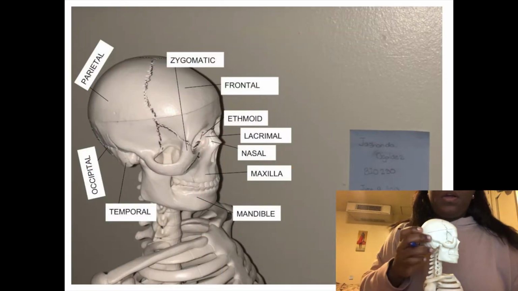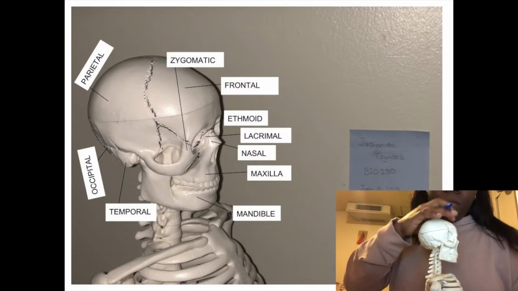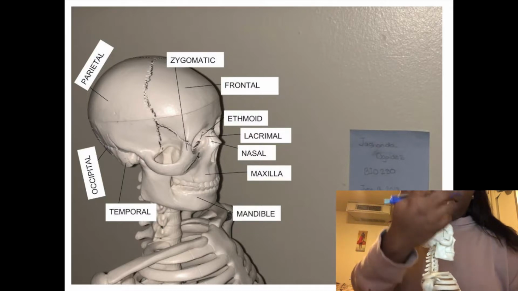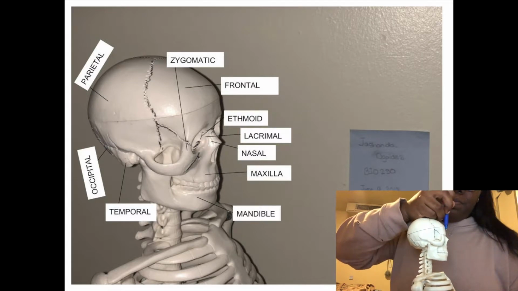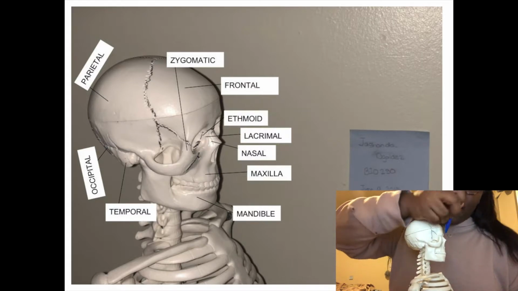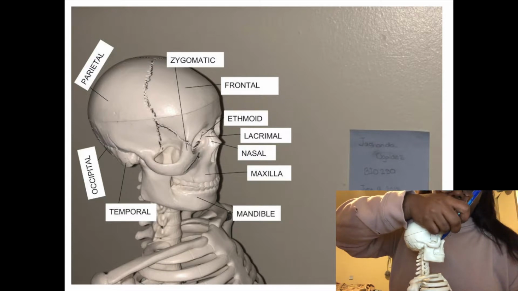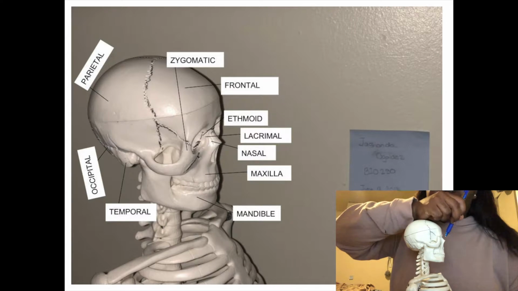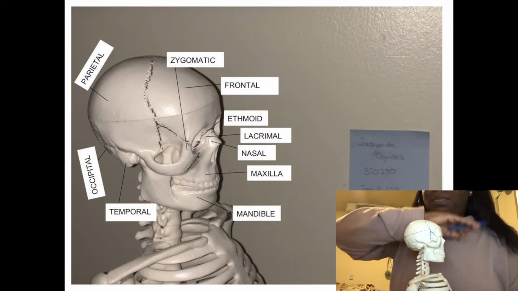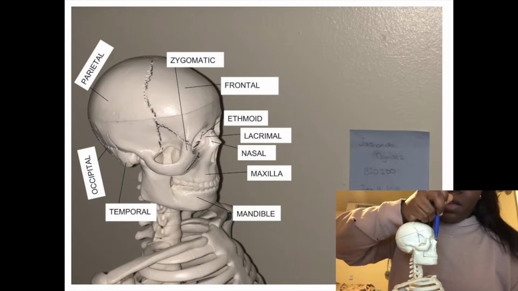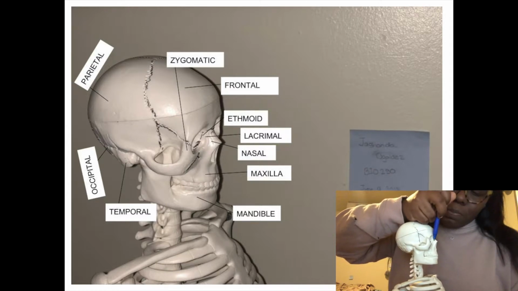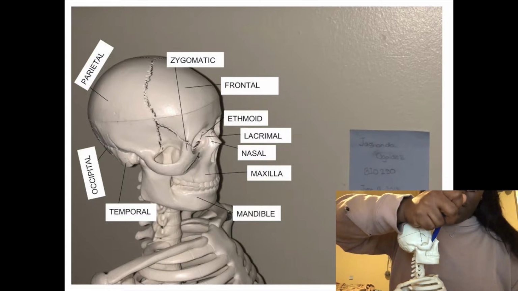Okay, everyone, now we're going to go over the lateral skull. We're going to start off with the front area of the lateral skull. So this is the frontal. The ethmoid, which is right here. Like I said, what you can't see, please feel free to refer to the picture, because I know that there are certain things that aren't picking up on camera. The lacrimal is right there.